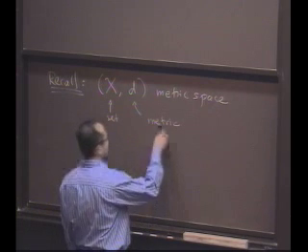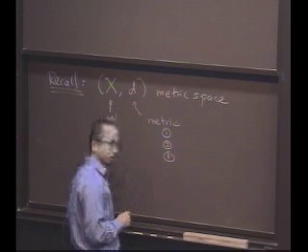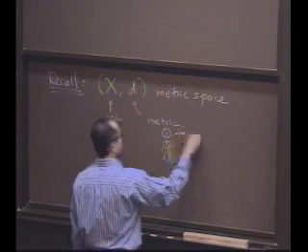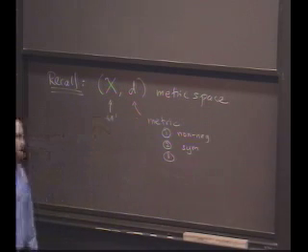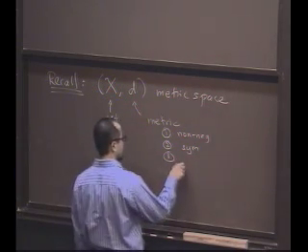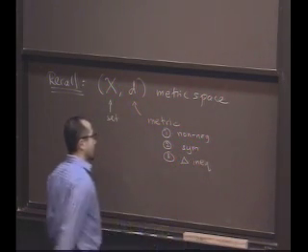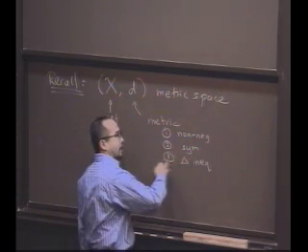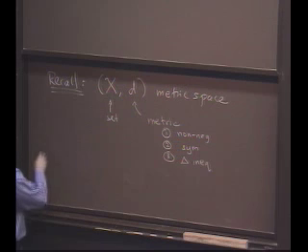What were the other two properties? Good. Symmetry: the distance between P and Q is the same as the distance from Q to P, and the triangle inequality. That is often the most interesting one to check if you want to verify that something is a metric.